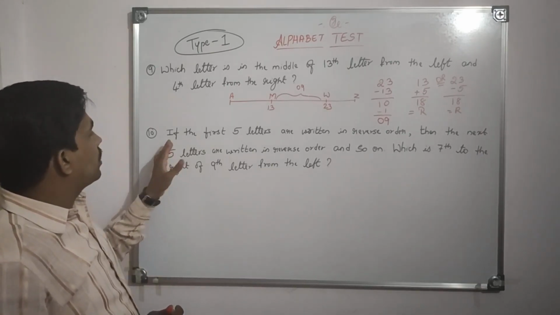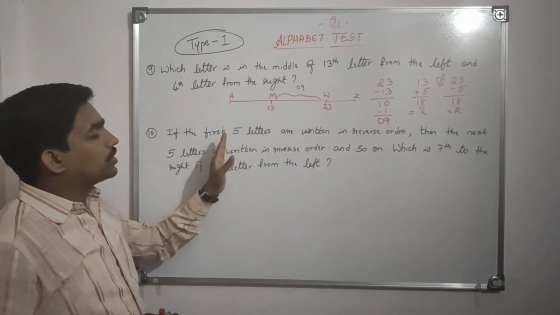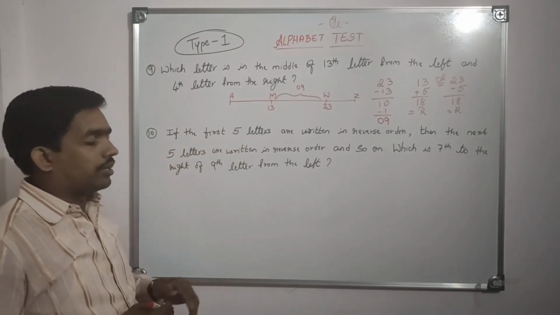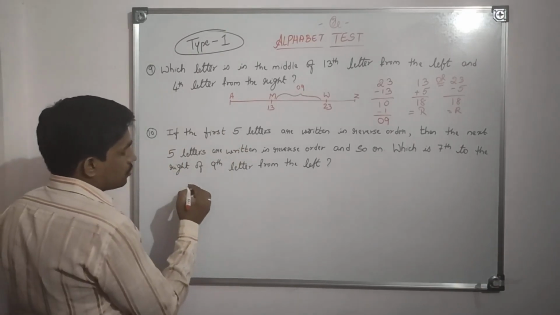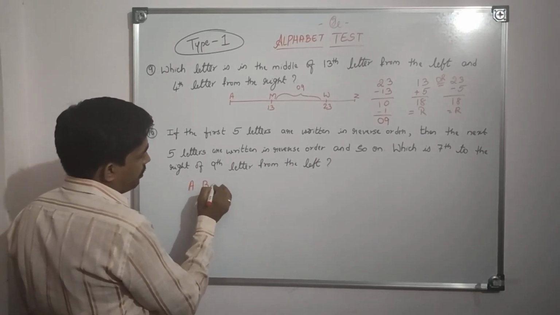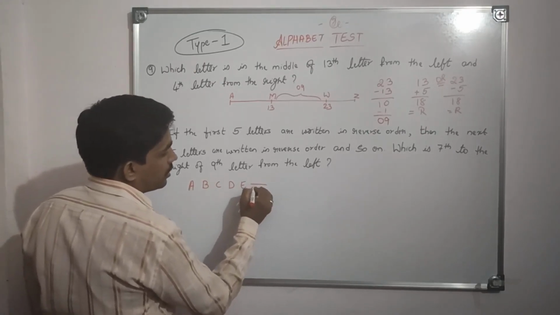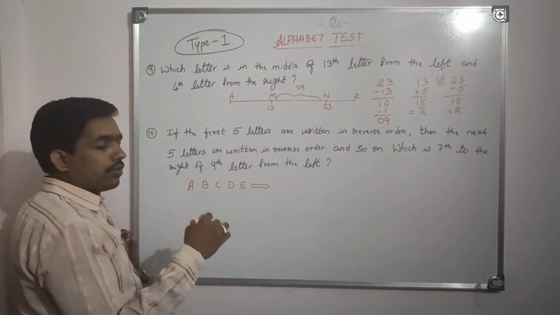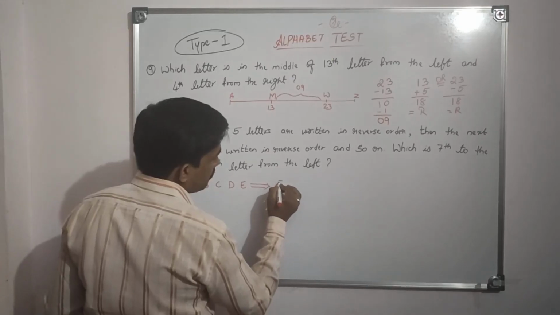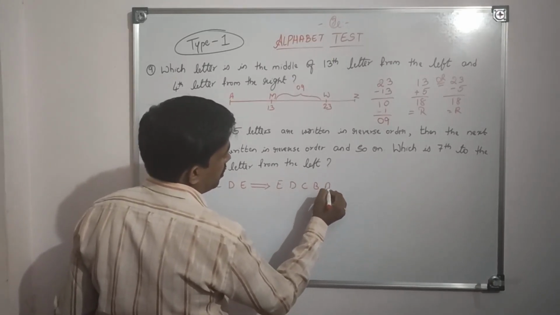First we take the first 5 letters of the English alphabet: A, B, C, D, E. These 5 letters we write in reverse order: E, D, C, B, A.